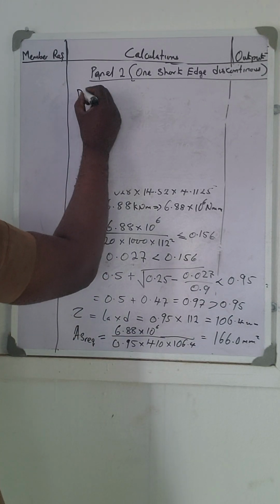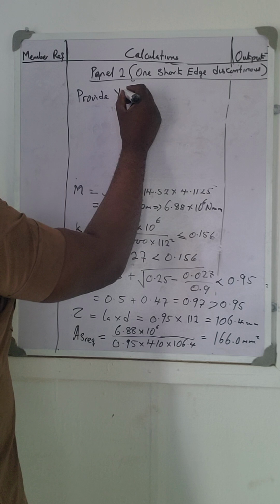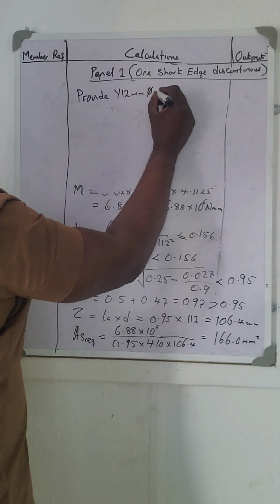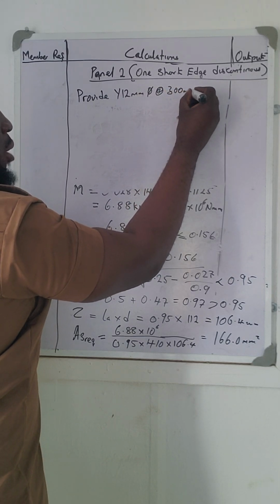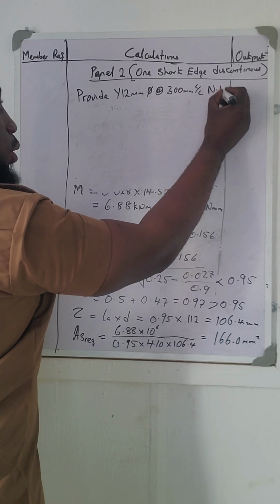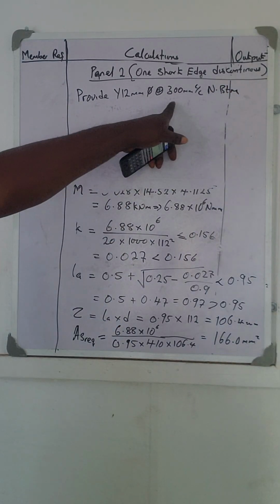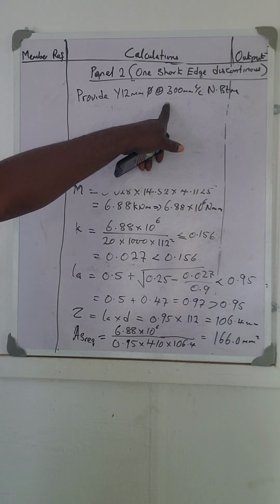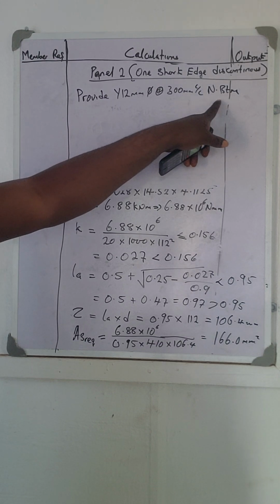So you now provide 12 millimeter diameter bar at 300 mm center to center. This is near bottom.